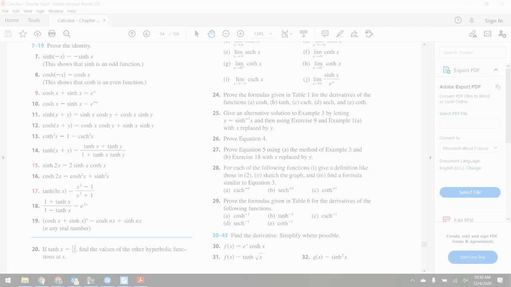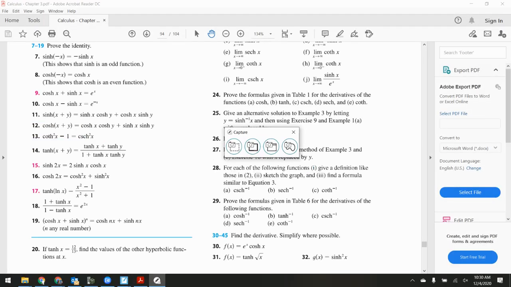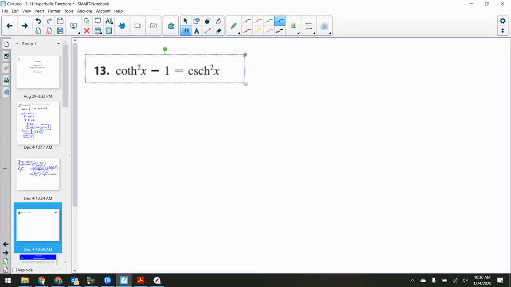Okay, this one's kind of a tricky one. I gotta take a look at this one real quick.